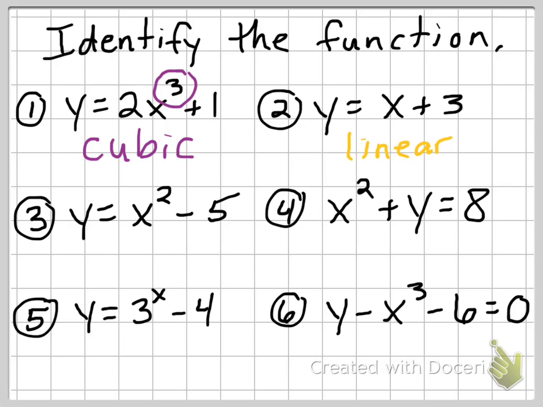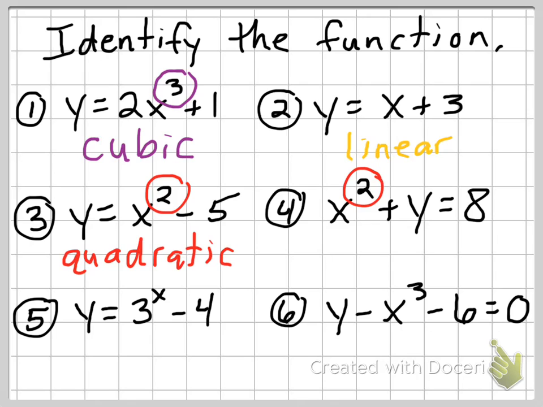Alright, now looking at number 3, I noticed that there is an x to the second power. Well, second power means quadratic. So I know that number 3 is quadratic. Okay. Number 4. Again, I notice there's an x squared.